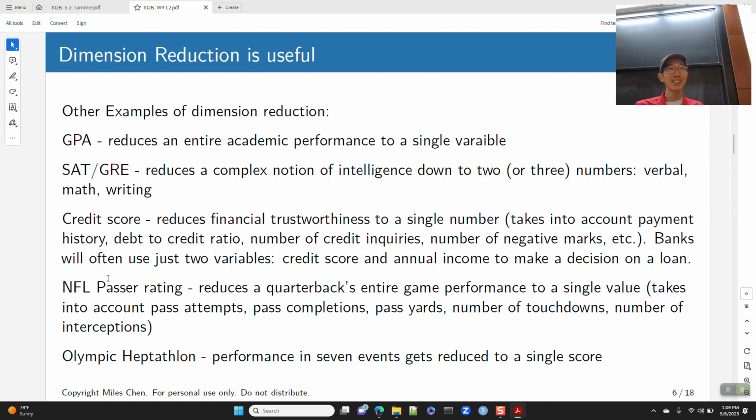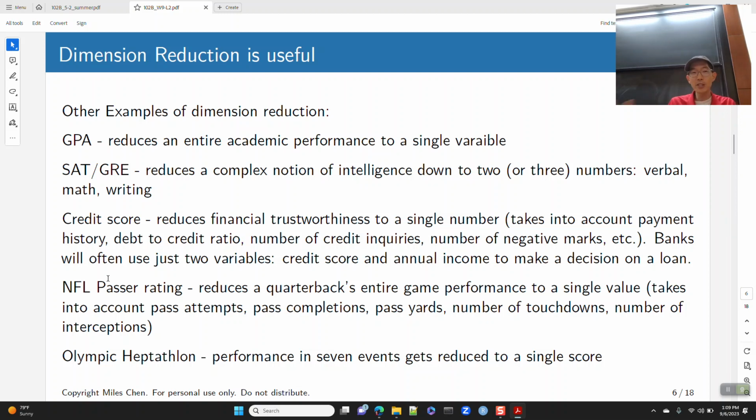There's not just the academic, but the social and the quality of life in the neighborhood, and it just gets reduced to this one thing, where Harvard and Princeton are here. Dimension reduction is useful, but by definition, it's reductive.